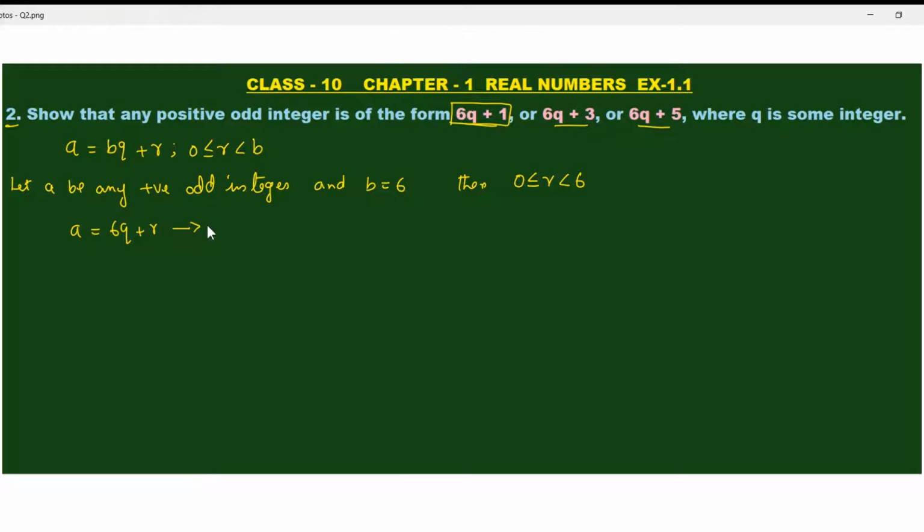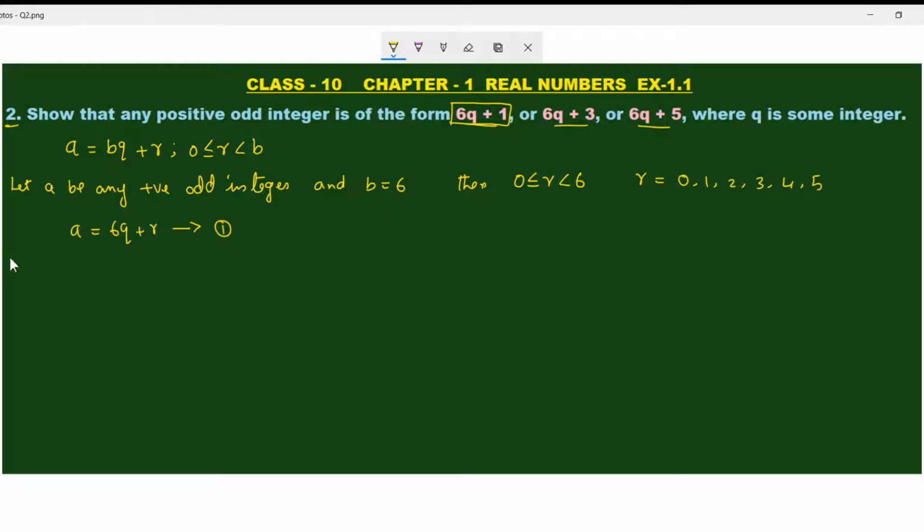This is our equation. Now we are going to substitute R values. What are the R values? R is equal to 0, 1, 2, 3, 4, 5, isn't it? Because R should be greater than or equal to 0 and less than 6, we have 6 values.